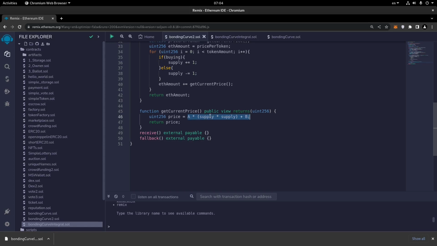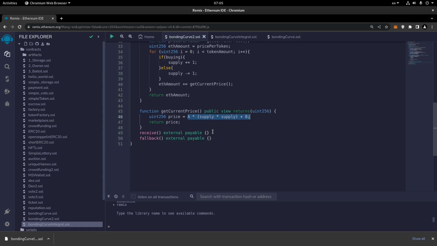So in order to do that, all we need to do is to calculate the integral first. So I will have a function for calculating the integration of this formula, and then we'll calculate the amount for the initial value and the final value, and then subtract them from each other so that we finally calculate the area under the curvature for that specific number of tokens.